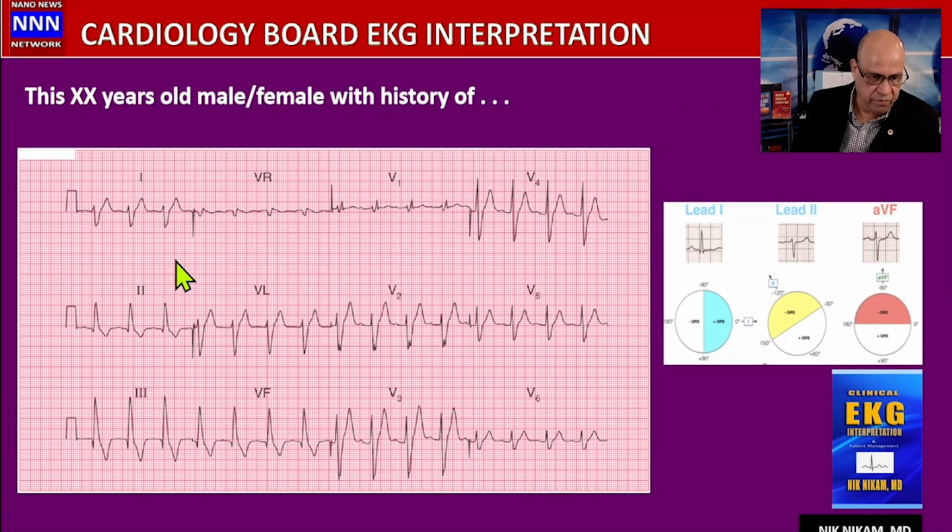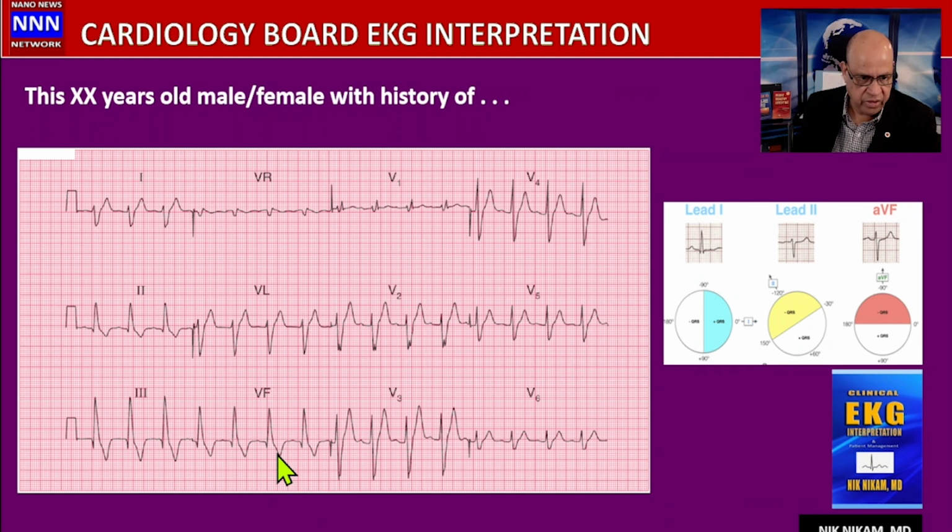All right, here, what are we looking at? Here, your lead 1 is more negative than positive. So we are looking at this segment, the left half of the circle. Then lead 2 is positive. Lead 3 is positive.